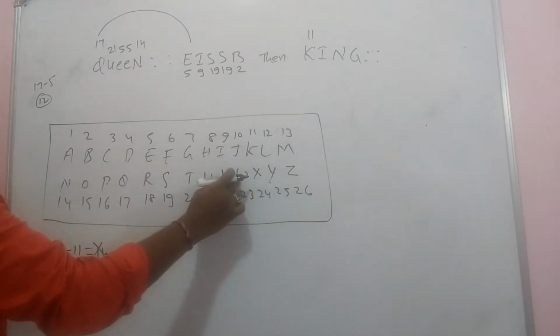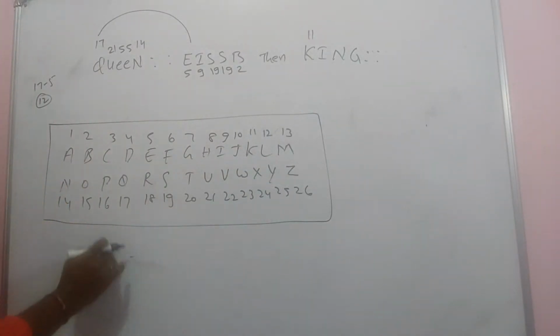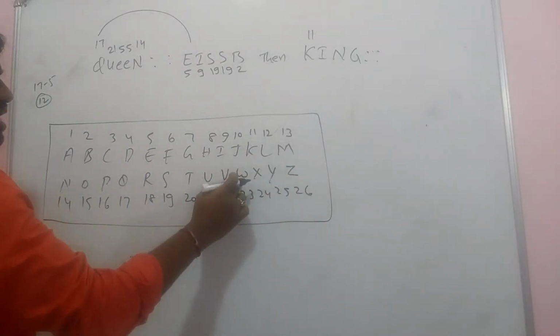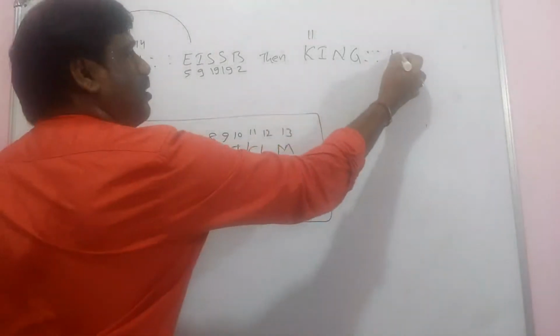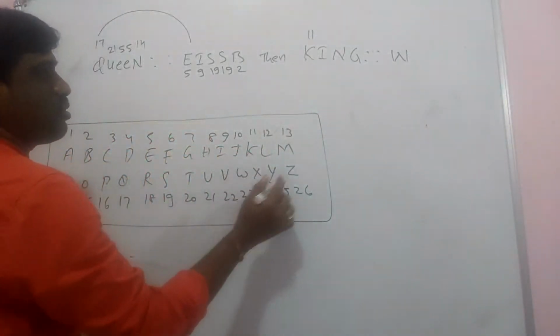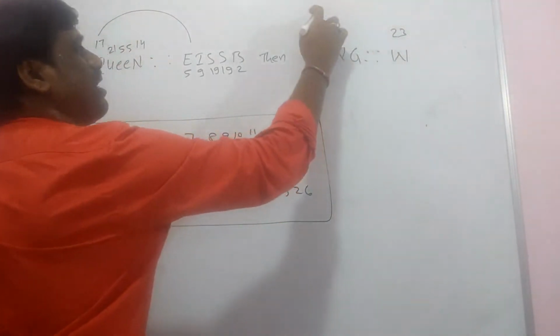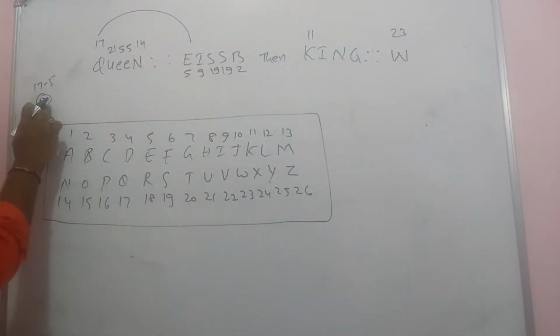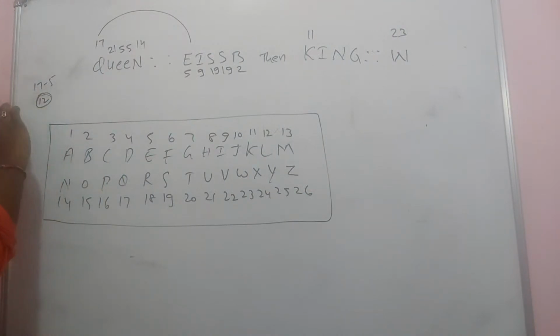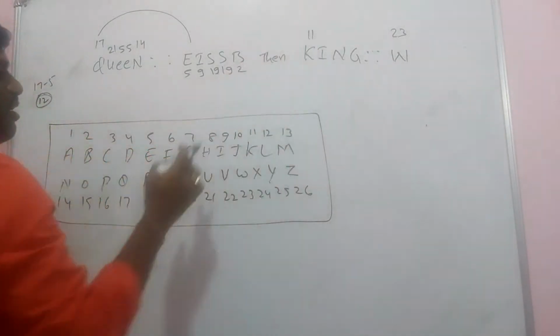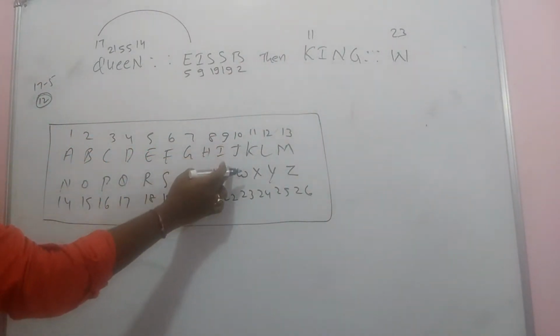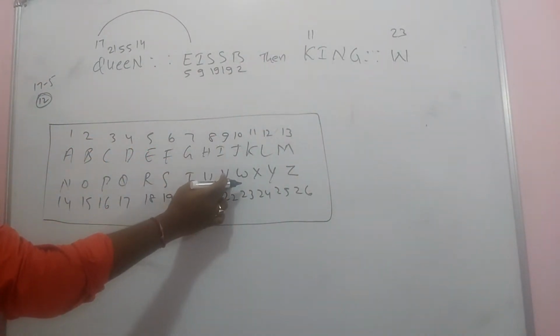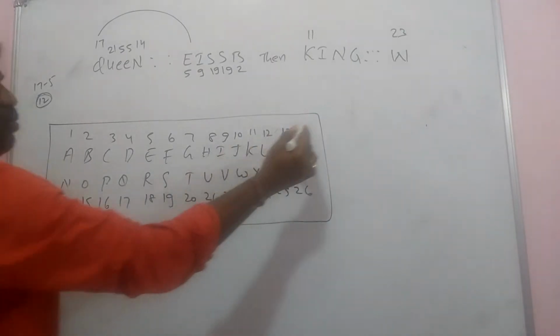K's back number I have to get, this back number is W. W is 23. So 23 minus 11 will give you 12. So I have to get difference 12, keep that in the brain and think like that. I is here, corresponding V. V back is U. So you will get.